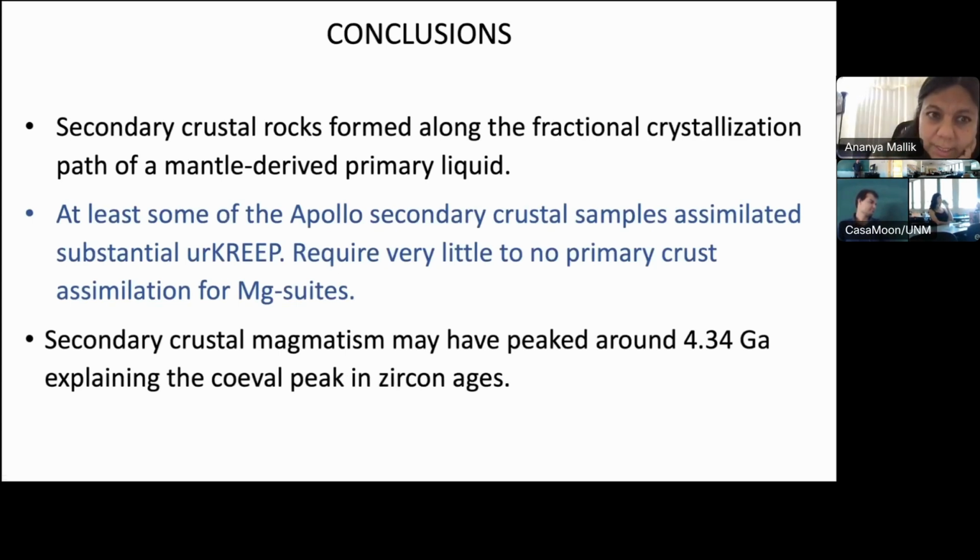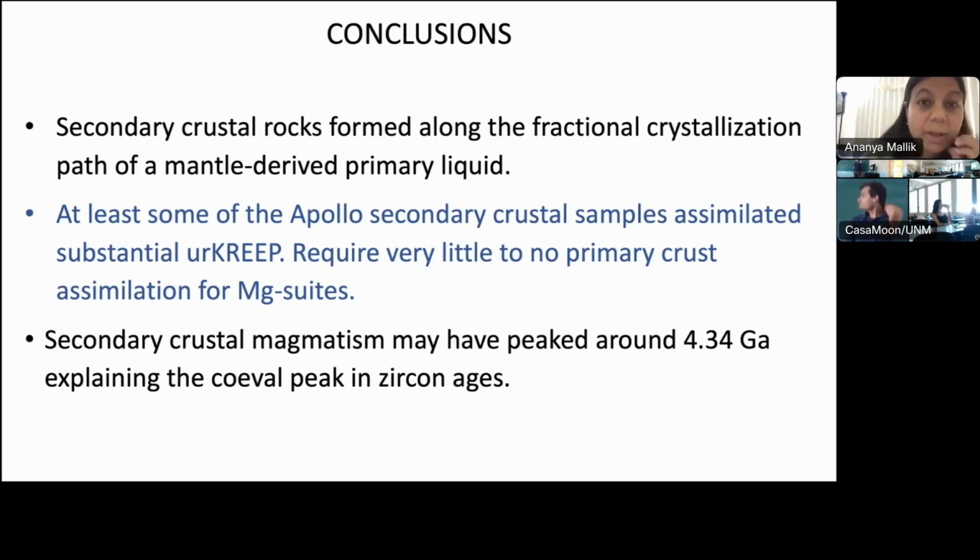The ferroanorthosites are older, which is, again, good news in terms of how we understand the petrogenesis of these rocks. And again, like any phase of magmatism, whether it's on the Earth or on any other planet, there's a certain period across which they occur. And the peak could be at a certain time, but that doesn't mean that you have a switch that you turn on and everything happens, and then you have a switch you turn off and everything shuts down.